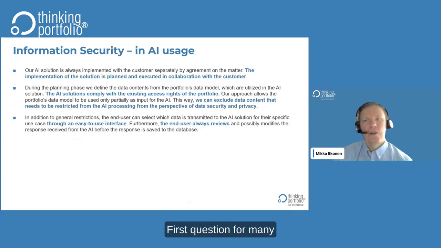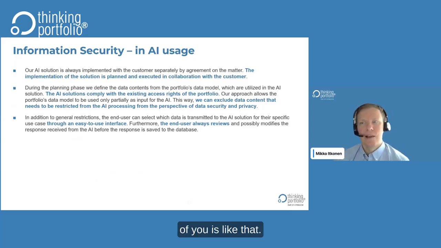First question for many of you is: is this secure? Can I use my data here? This is really important and confidential data for my organization. What's the security of these AI solutions or AI functionalities? This is done in a joint implementation project with Thinking Portfolio and the using organization.